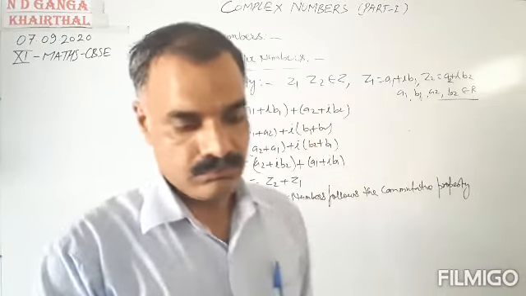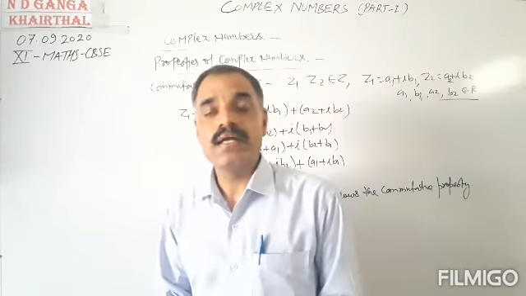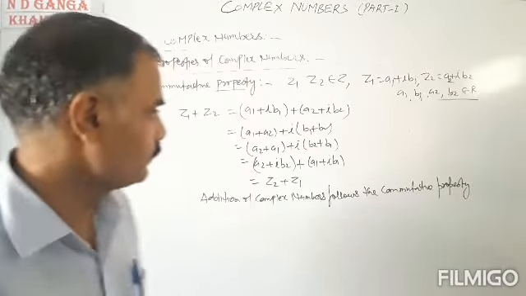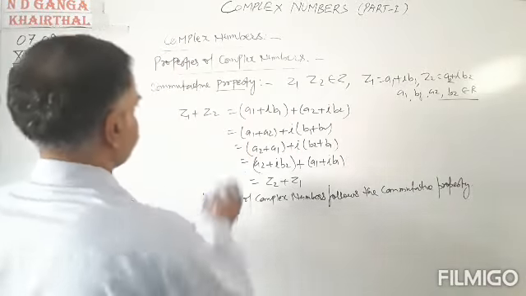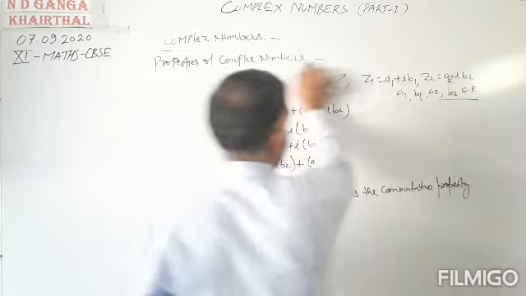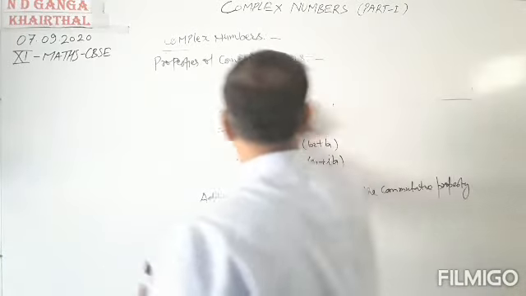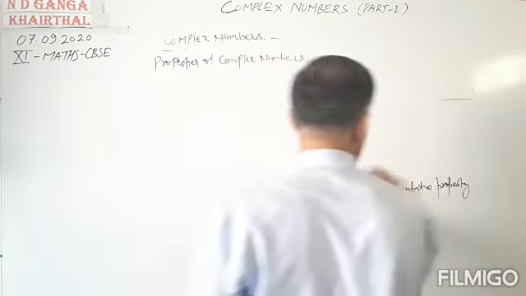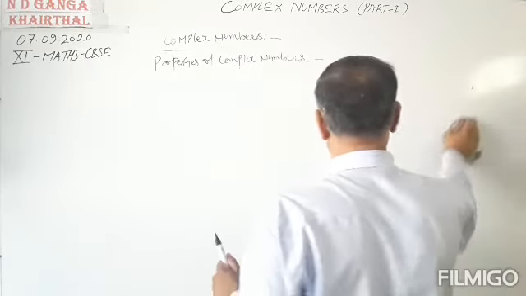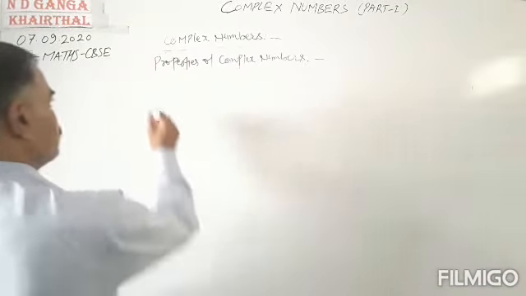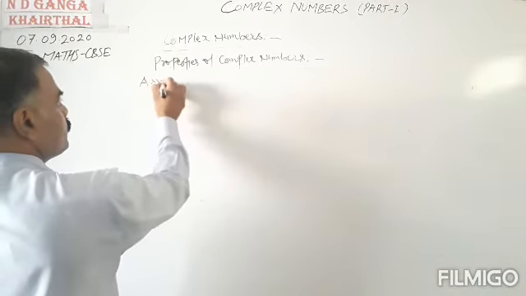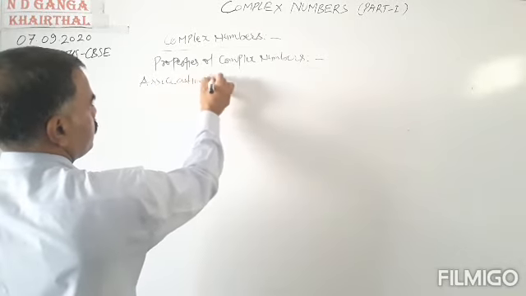Now the next property, that is the associative property. The associative property of addition of complex numbers.